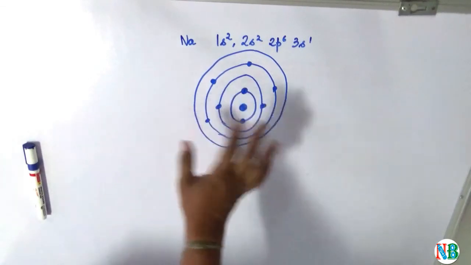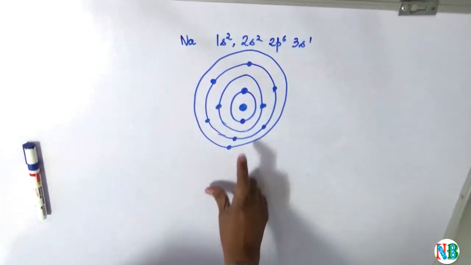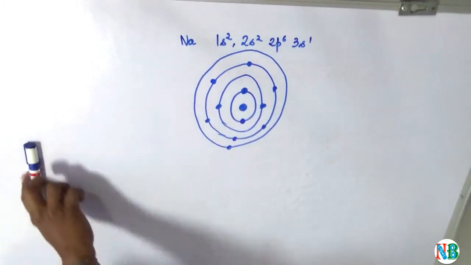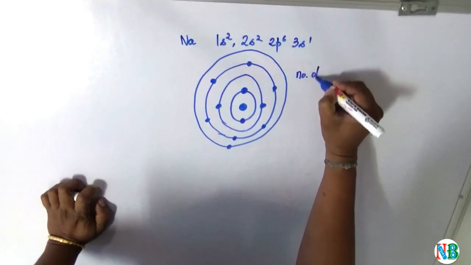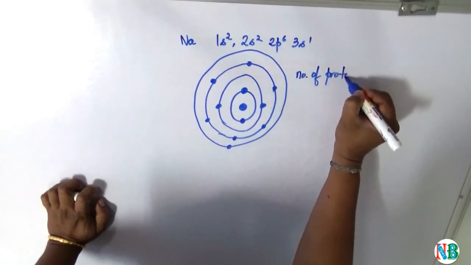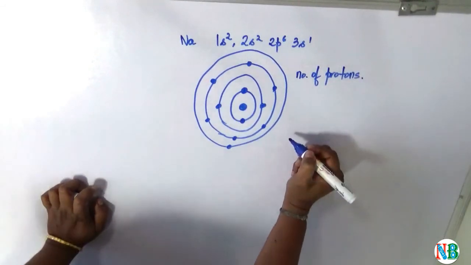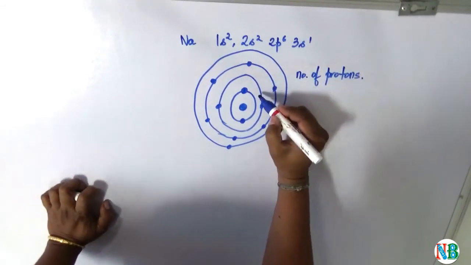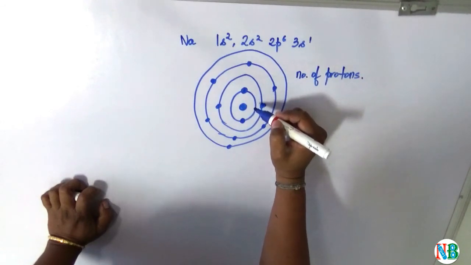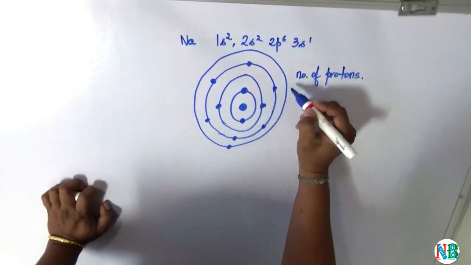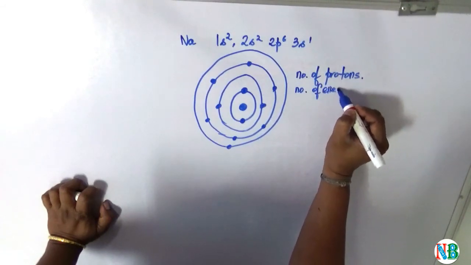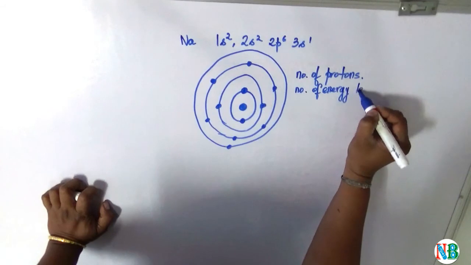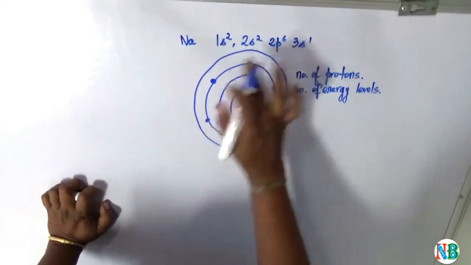So what are the factors that affect atomic size? The number of protons inside the nucleus. Okay, so one is the number of protons. One more factor is the number of energy levels holding the electrons. So how many energy levels are there here? There are 4 energy levels in this sodium atom.